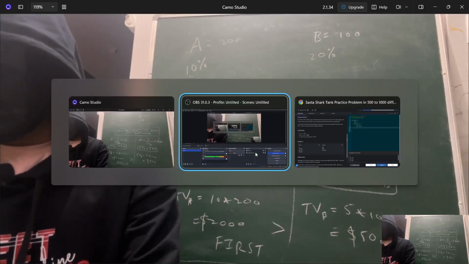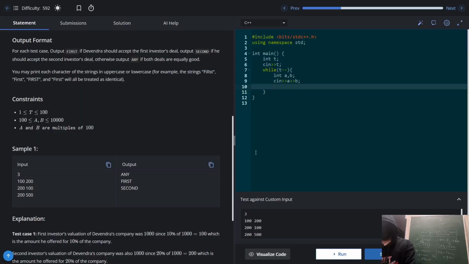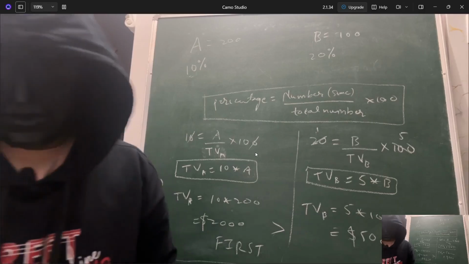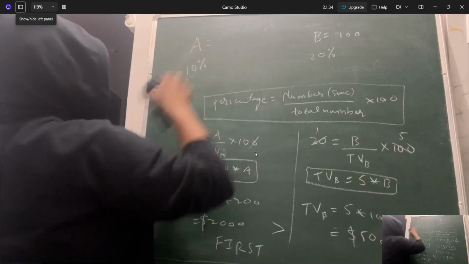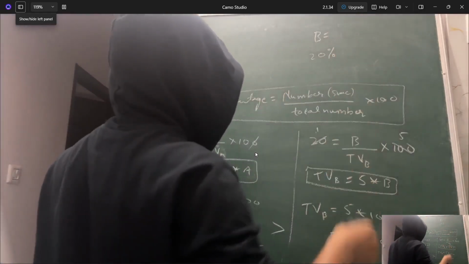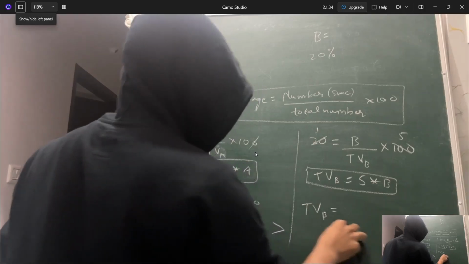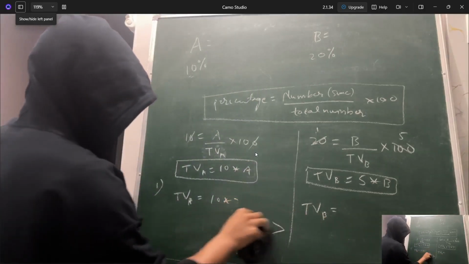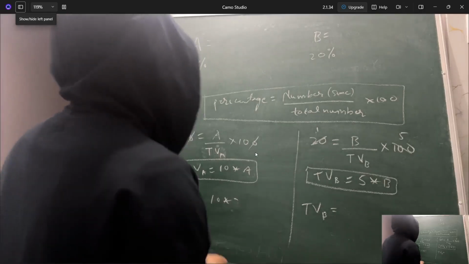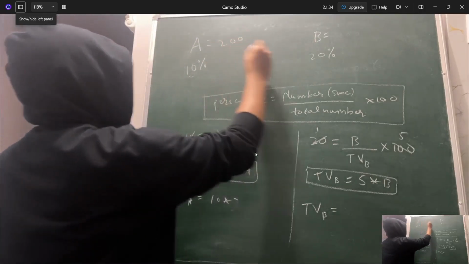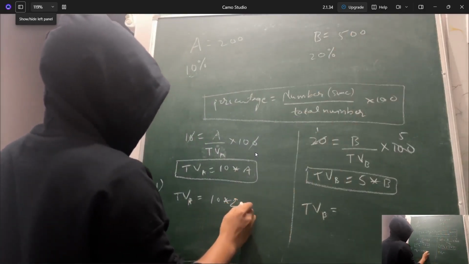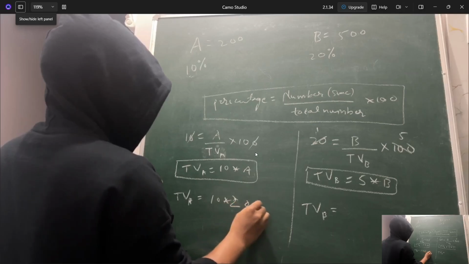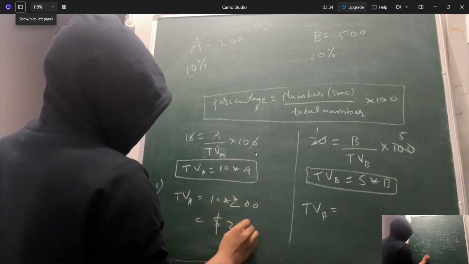Now coming to third example, 200, 500. So if he chooses investor A, his valuation of the company will be $2,000.